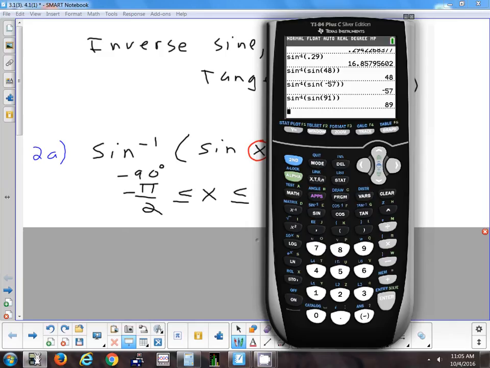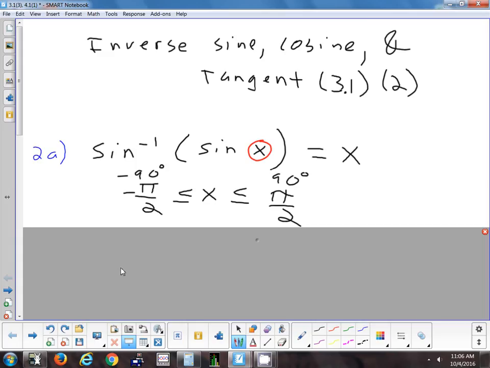You might be able to figure out a pattern if you do enough of these and see the answer you do get back. But the point is, I just want you to understand you don't get back what you started with. So, any questions on when inverse sine and regular sine cancel each other out? Maybe between those two numbers.